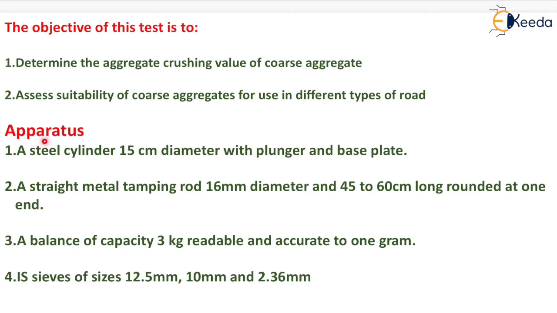Now the apparatus used in this test are a steel cylinder 15 cm diameter with plunger and base plate, a straight metal tamping rod 16 mm diameter and 45 to 60 cm long rounded at one end, a balance of capacity 3 kg, readable and accurate to 1 gram, IS sieves of sizes 12.5 mm, 10 mm and 2.36 mm.